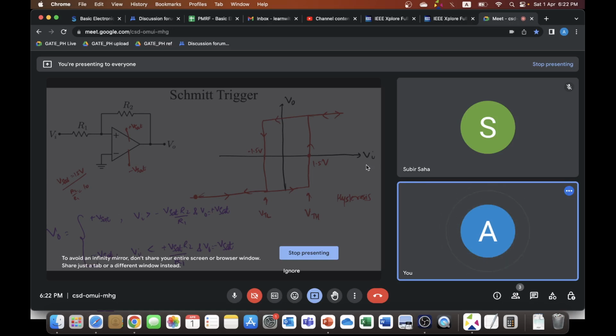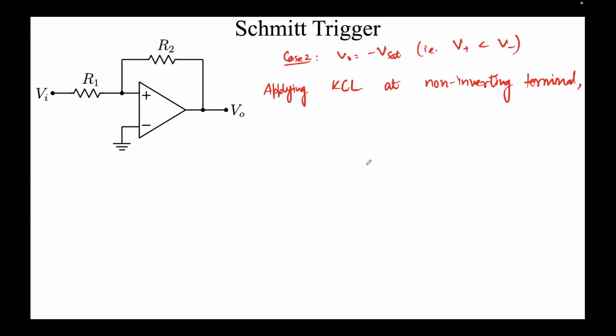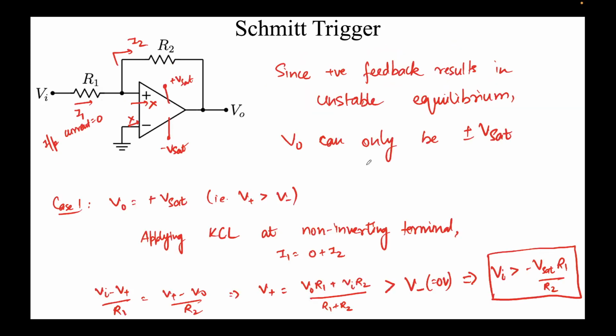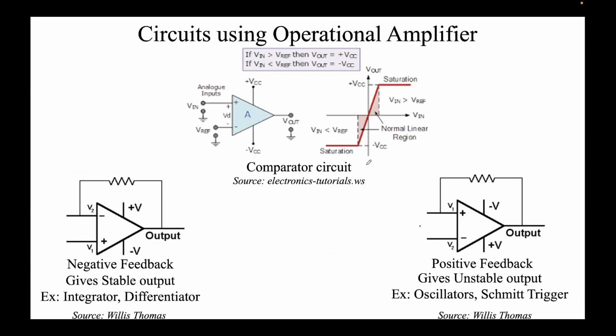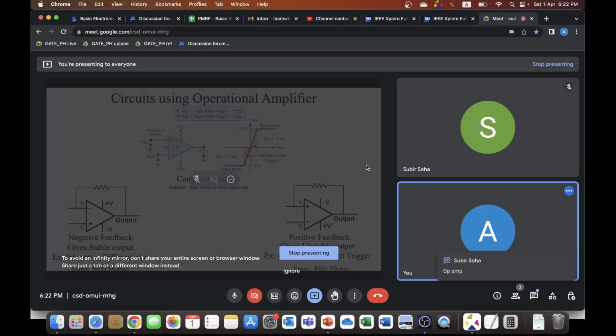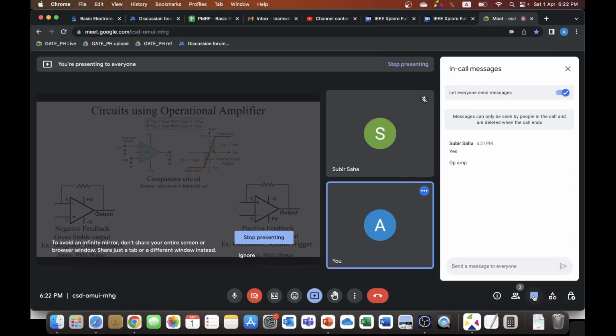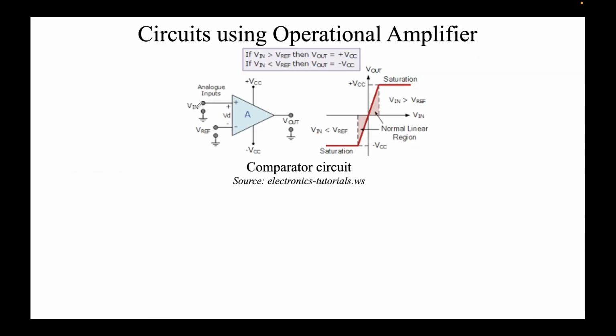So can you tell me until what slide were you able to hear about the Schmitt trigger op amp? So this slide, was it this slide, circuits using operational amplifier? Okay, previous slide.